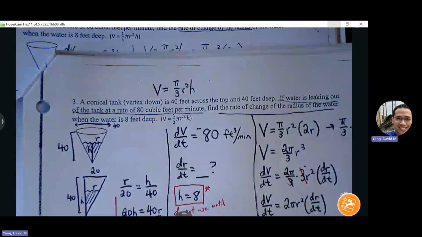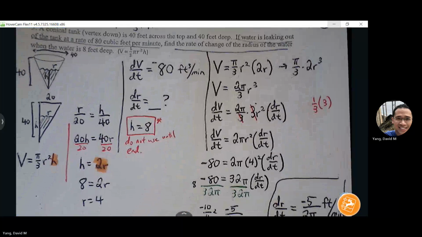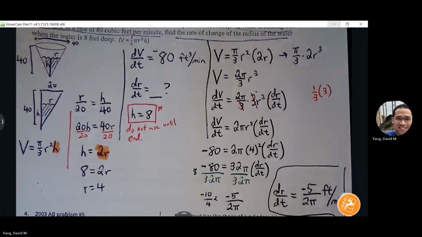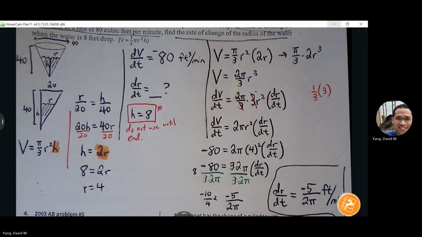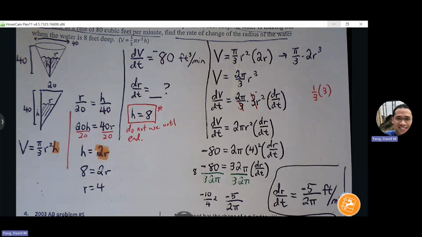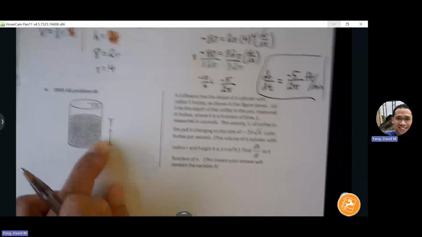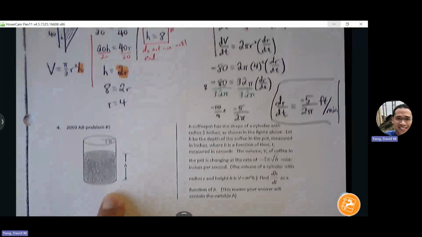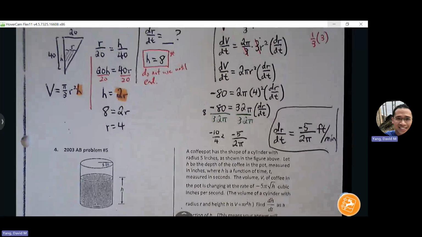So do you want to try another one of these or look at a different type of problem? The cylinder, I'm going to go over as a class. We haven't gone over this cylinder yet. There's a different process with a cylinder.